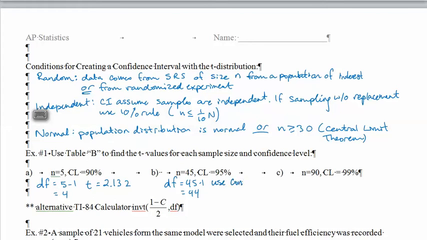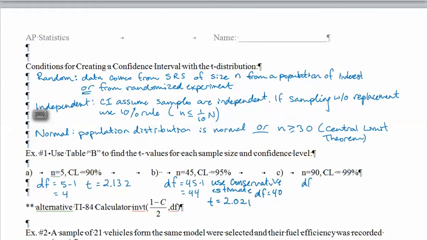So always use the conservative estimate of df of 40, and t then becomes 2.021.